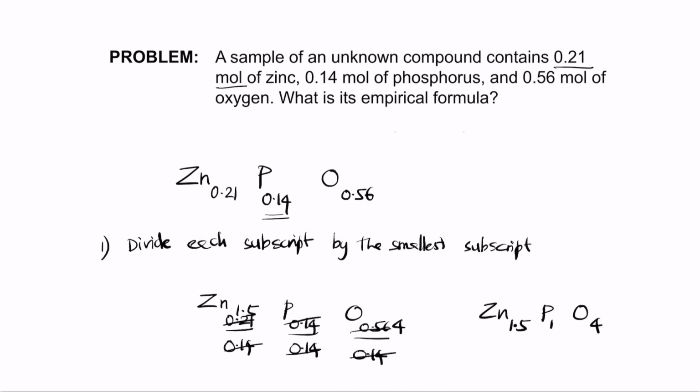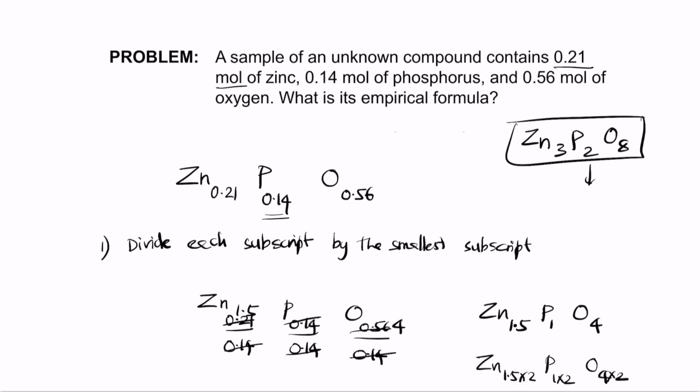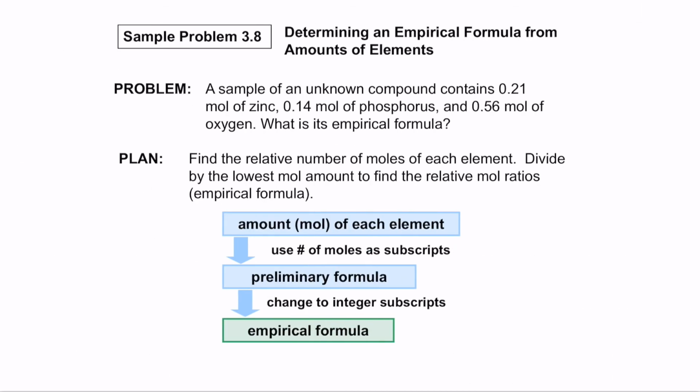So multiply 2 to everyone: Zn 1.5 times 2, phosphorus 1 times 2, oxygen 4 times 2. So 1.5 times 2 gives you Zn3, phosphorus 2, oxygen 8. This is the empirical formula for the given compound. So hopefully the problem is clear. So let's try another example.